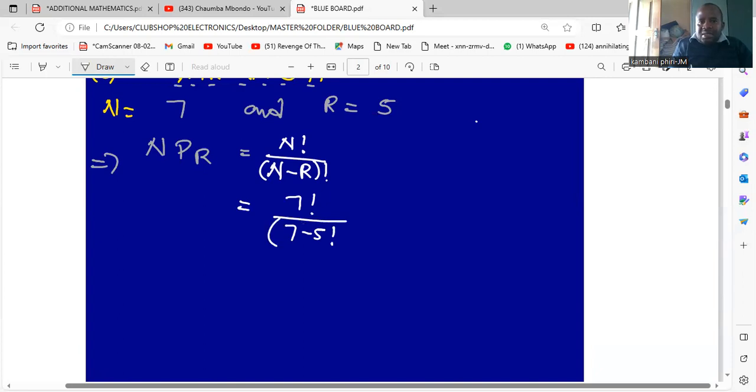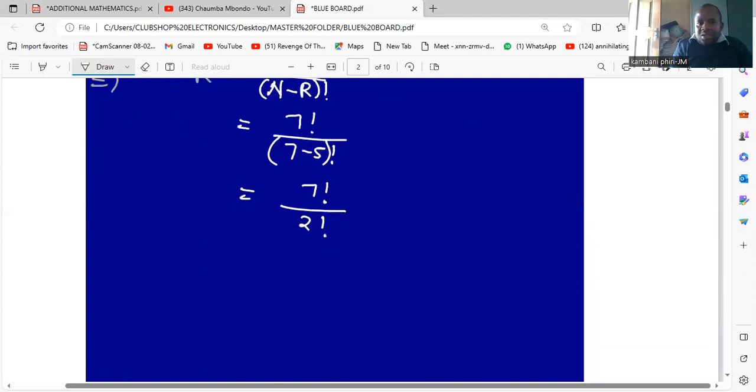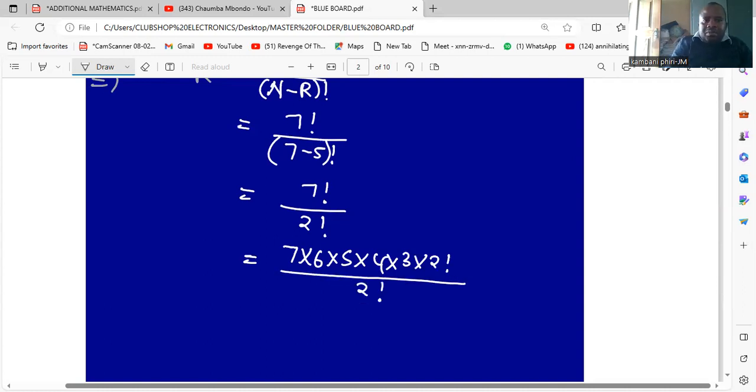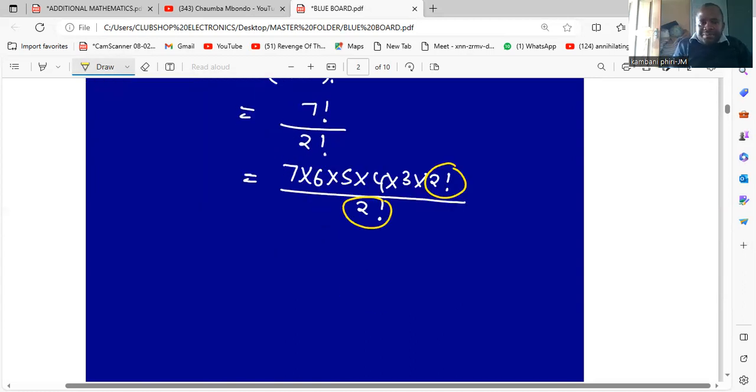So this is 7 factorial divided by 2 factorial. We can break this down as 7 by 6 by 5 by 4 by 3 by 2 factorial, because the denominator has 2 factorial. So the 2 factorial and 2 factorial will cancel. Therefore, we have 7 times 6 times 5 times 4 times 3.